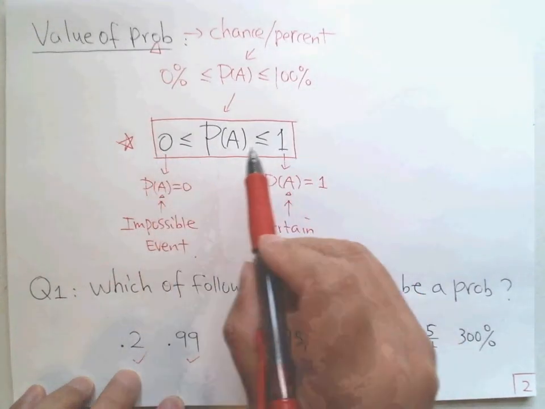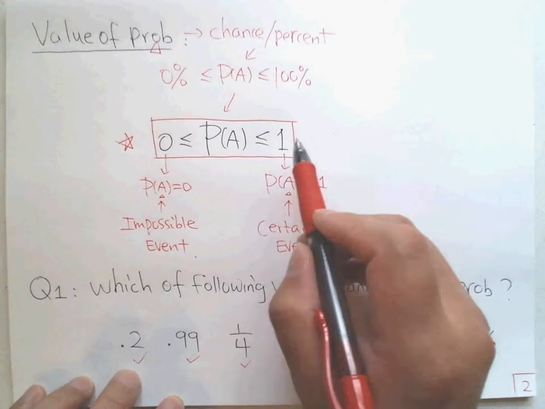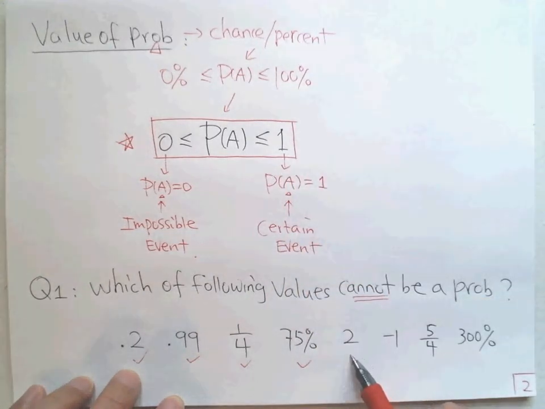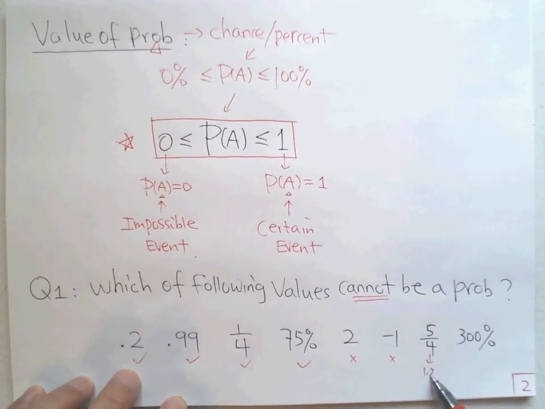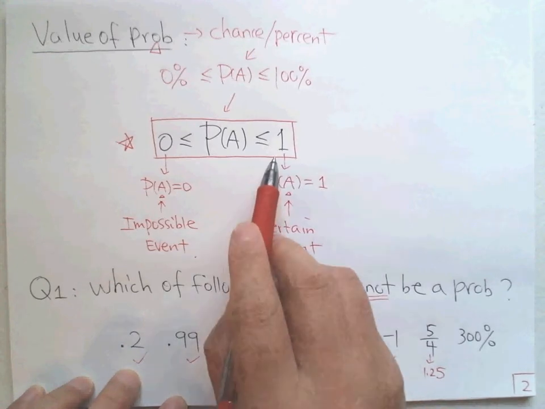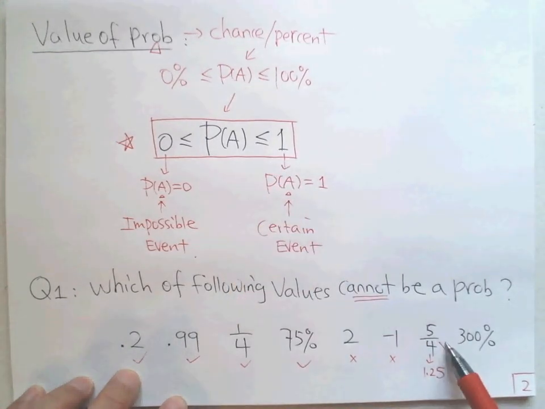How about the 2? Of course, 2 is not between 0 and 1. 2 is outside, it is greater than 1, right? So this is not. How about the negative 1? We don't have a negative chance for something to happen, right? This is impossible. How about this? Keep in mind that if you get a decimal, this is 1.25. See, 1.25 is greater than 1.